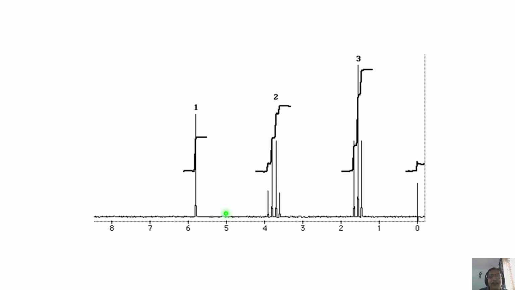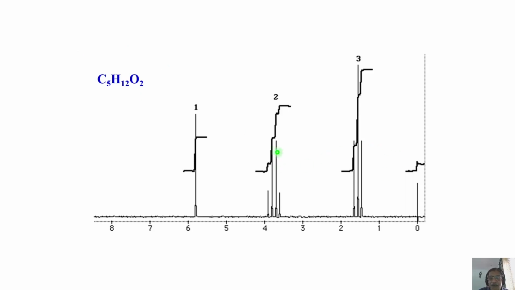So it is quite likely this could be the spectrum of ethyl alcohol. I have not given you the molecular formula or the structure. Let us see. Now, the molecular formula is not C2H5OH, it is C5H12O2. The spectrum looks identical to the ethyl alcohol spectrum, but the molecular formula is different. So, your analysis is correct.